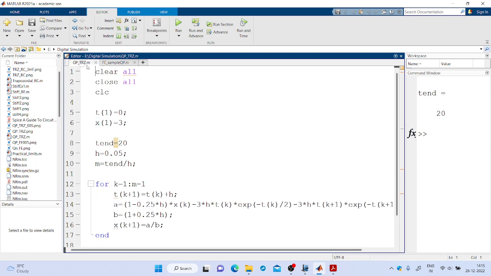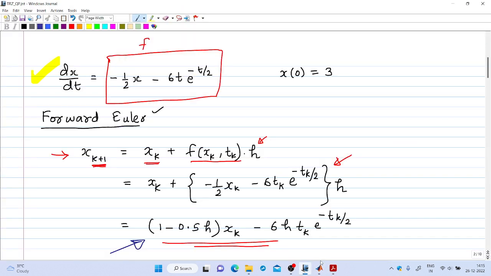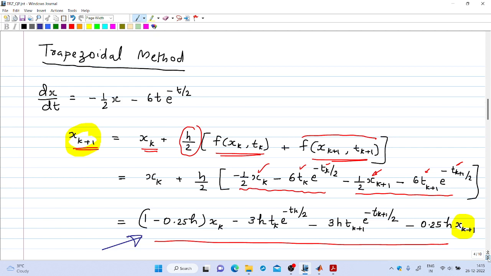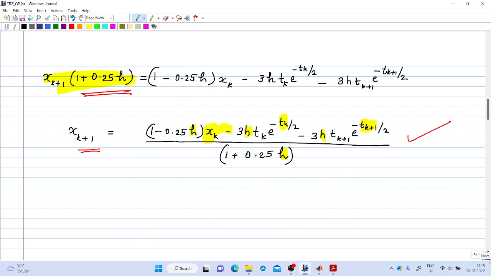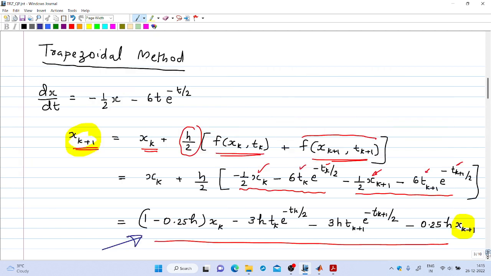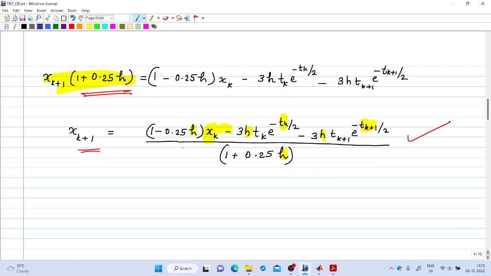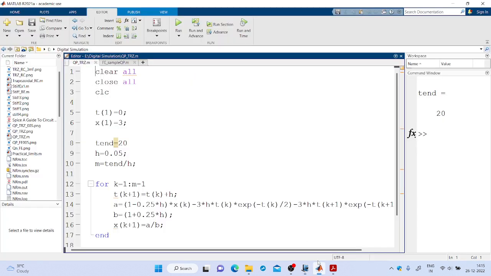Similarly, you can write similar code for the trapezoidal technique. Only the difference will be in this step. To evaluate x of k plus 1 in the trapezoidal technique, the expression is quite lengthy. This is the expression in the trapezoidal technique. I have named the numerator a and the denominator b, and I have defined a and b here.